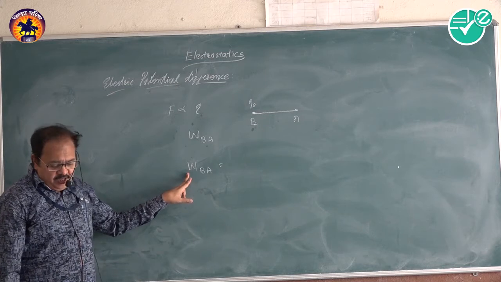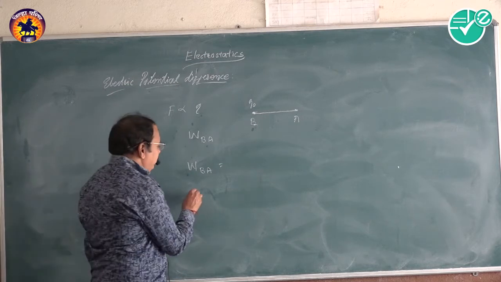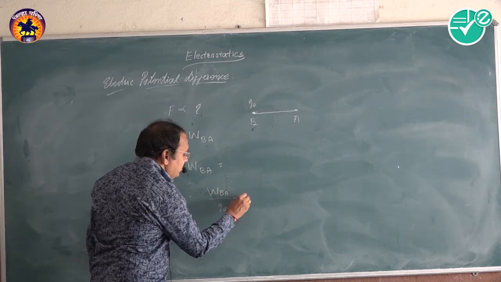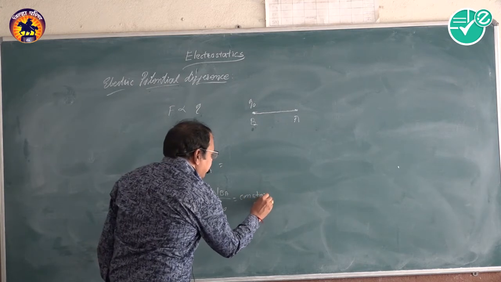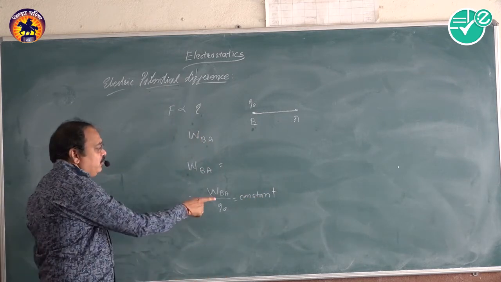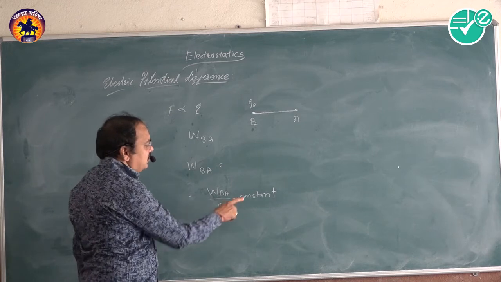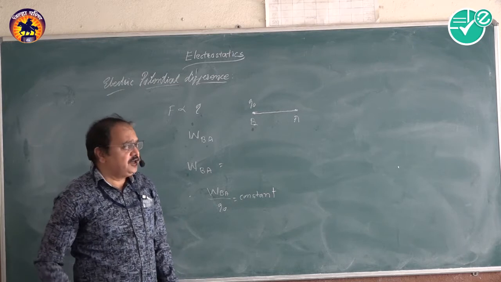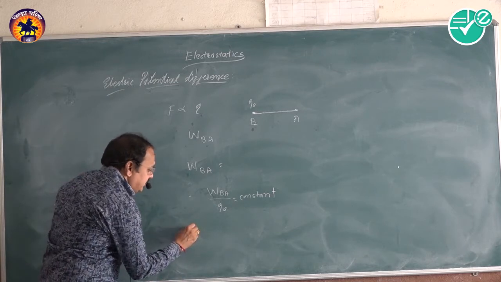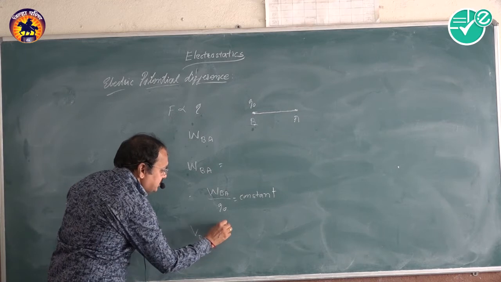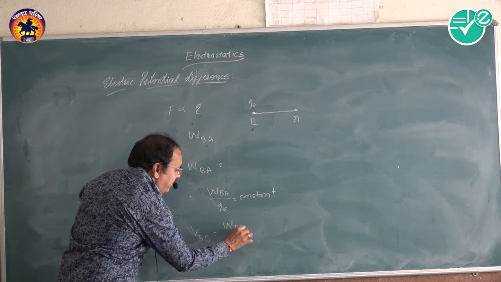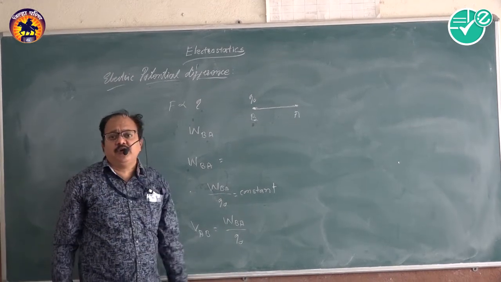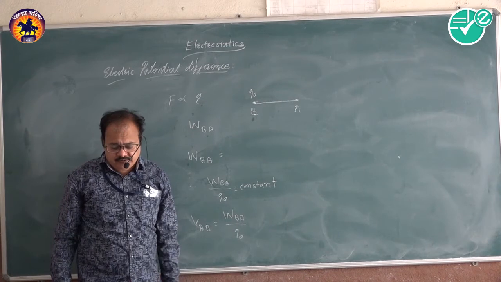W_BA upon Q naught is equal to a constant, and that constant is nothing but our potential difference, V_AB equals W_BA upon Q naught. That constant is also called the electric potential difference.